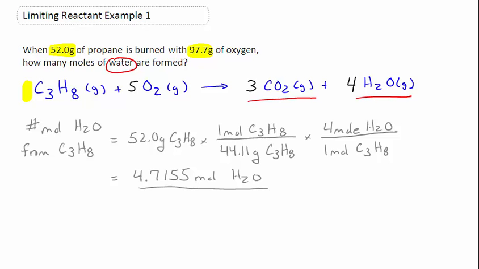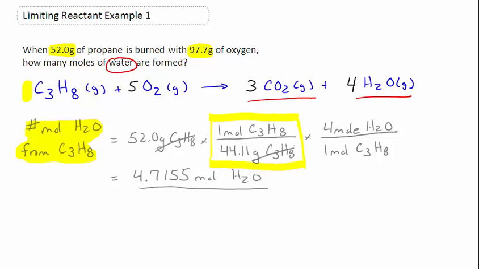All right, so I've set up the first part of the problem, and we can see that it's already done. But really, I asked the question, how many moles of H2O, of water, can I get from my first reactant, which is C3H8, or propane? So I've got 52 grams of the stuff. I use the periodic table to find the number of moles of C3H8, because I can now cancel out the grams of C3H8.